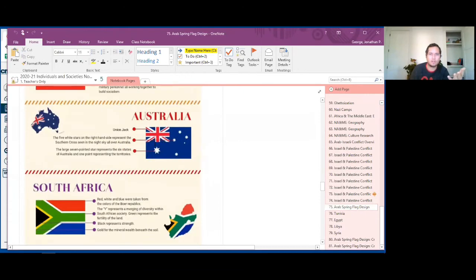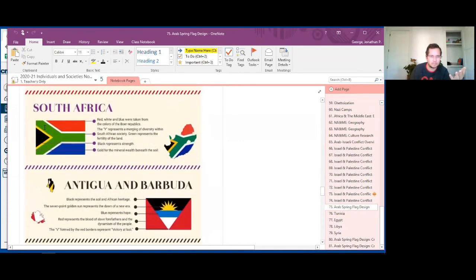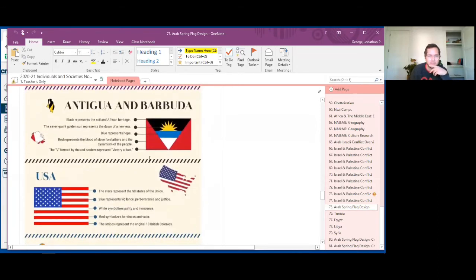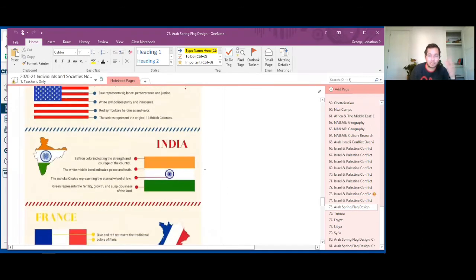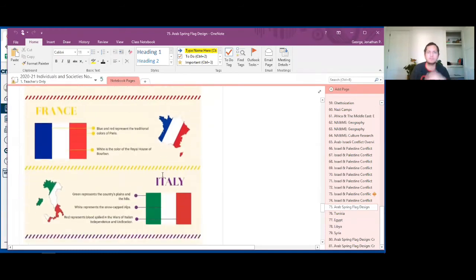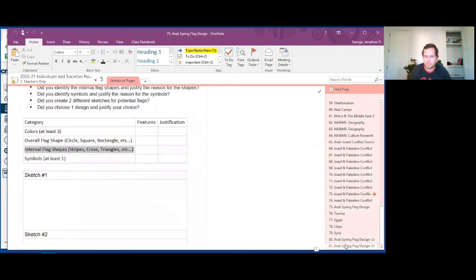You got all of these different shapes that are included. These stripes, triangles, the sun, stars, squares, rectangles, stripes, circles. So all of those things. So you can always refer back to that for some inspiration as well.